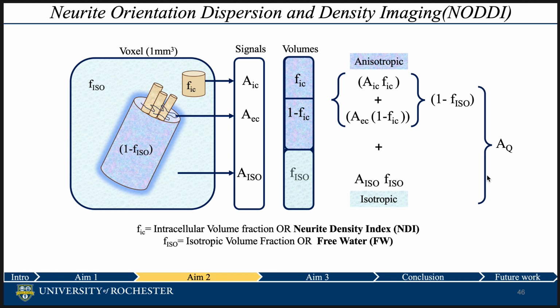Before going into the problem, I would like to give you some background about the biophysical model that we are using for this problem, which is NODDI, or Neurite Orientation Dispersion and Density Imaging, where we see that each voxel that we get the diffusion signal from is actually majorly divided into two compartments. The first one is the free water, and another part is the complementary part of it, where the neurite component of the cell resides.